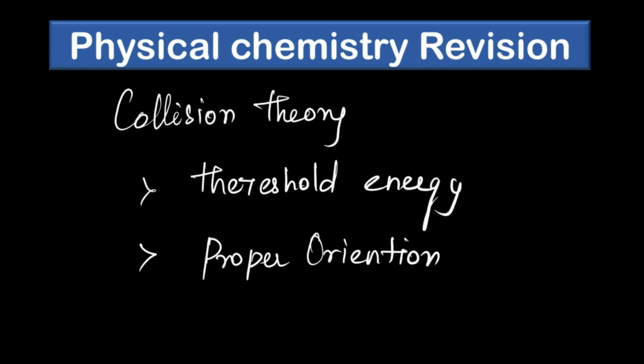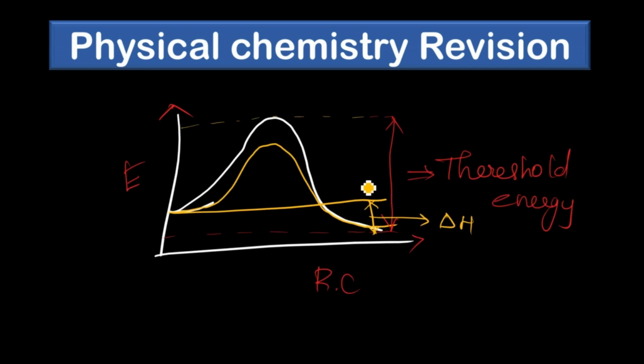Then finally we have collision theory. As I told you, a collision must happen with enough energy, so those molecules have threshold energy, and the proper orientation of the collision is also important. Here you can see the reactant starts over here and reaches the product level.